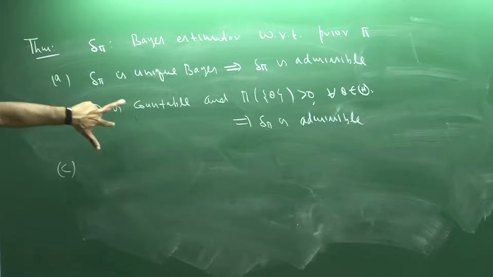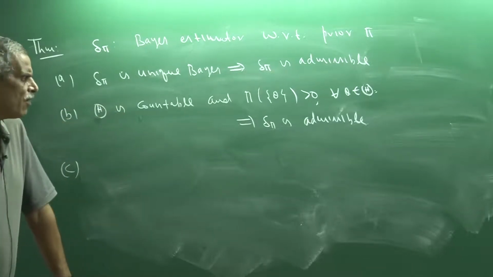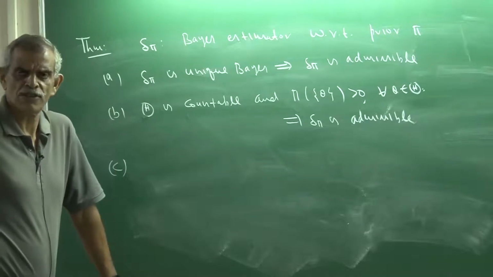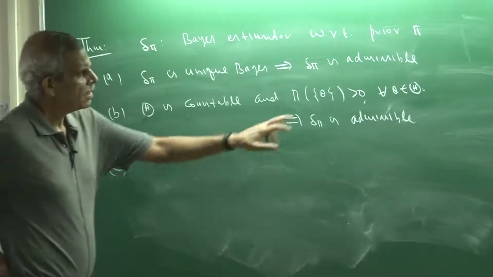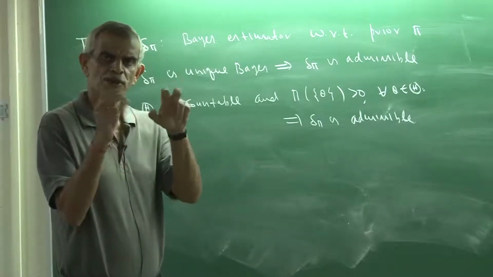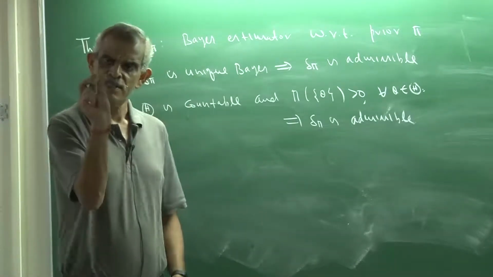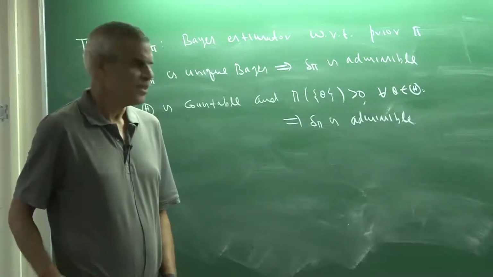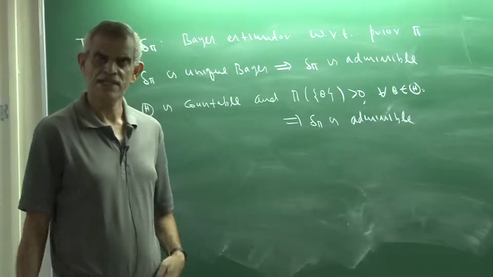Now, if I have to construct its analog for the continuous case, that means where theta is a continuum, or at least it is not countable, then I cannot talk about pi of singletons. There we talk about pi of small intervals, or in other words, pi of any open set.